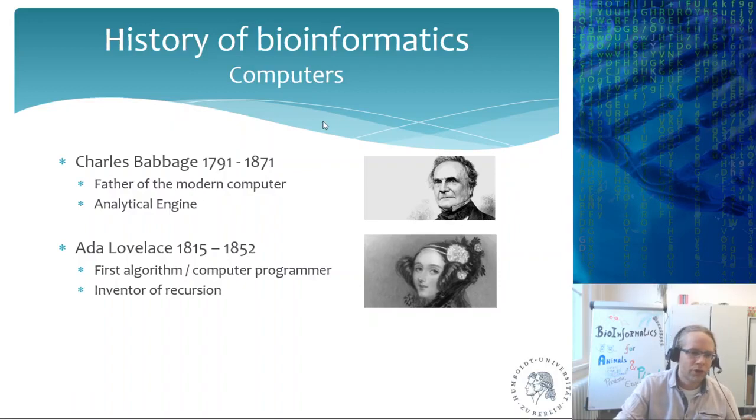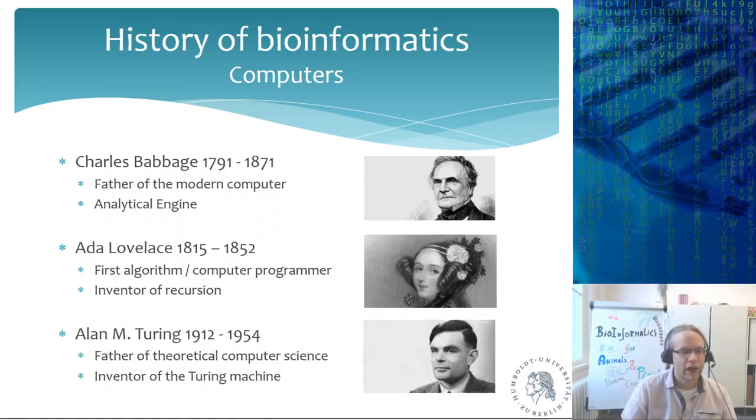Of course, the third person that you have to mention when you talk about the history of computers is Alan Turing. Alan Turing is more of a common day figure, but he is the father of theoretical computer science. Theoretical computer science is the science of what you can compute and what you can't compute.